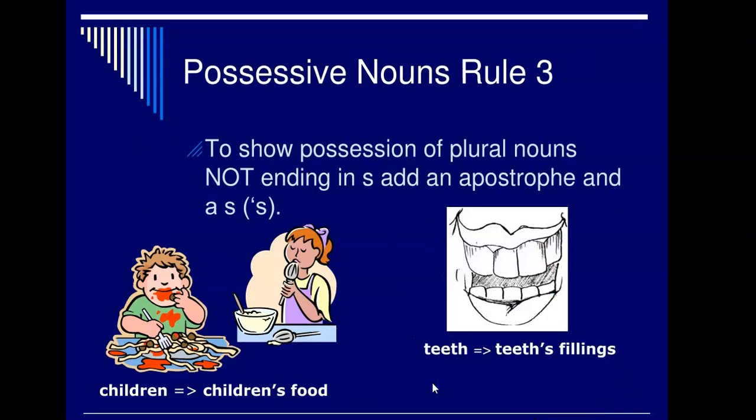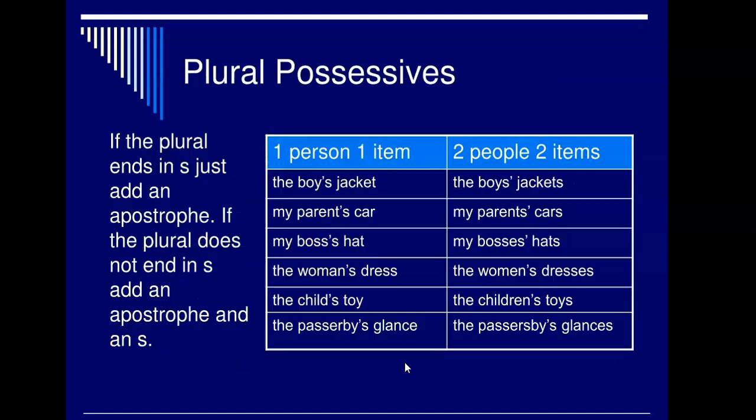Possessive nouns, rule 3. To show possession of plural nouns not ending in s, add an apostrophe and the s. Children, children's food. Plural possessives: if the plural ends in s, just add an apostrophe.